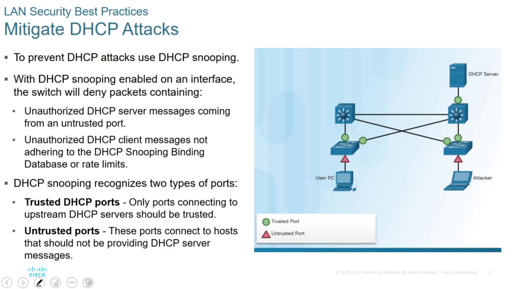So with DHCP attacks, one of the ways that we can prevent them is called DHCP snooping. When DHCP snooping is enabled on an interface, the switch or any switches will prevent any packets containing DHCP information.